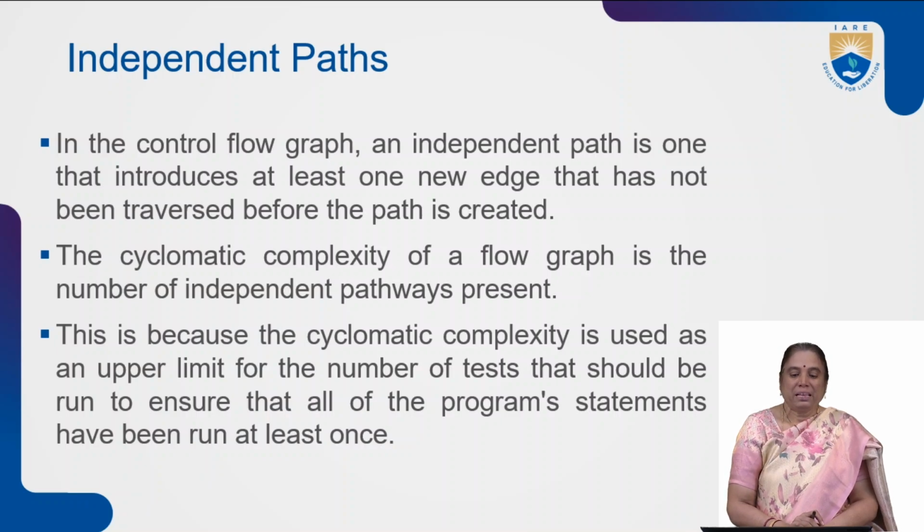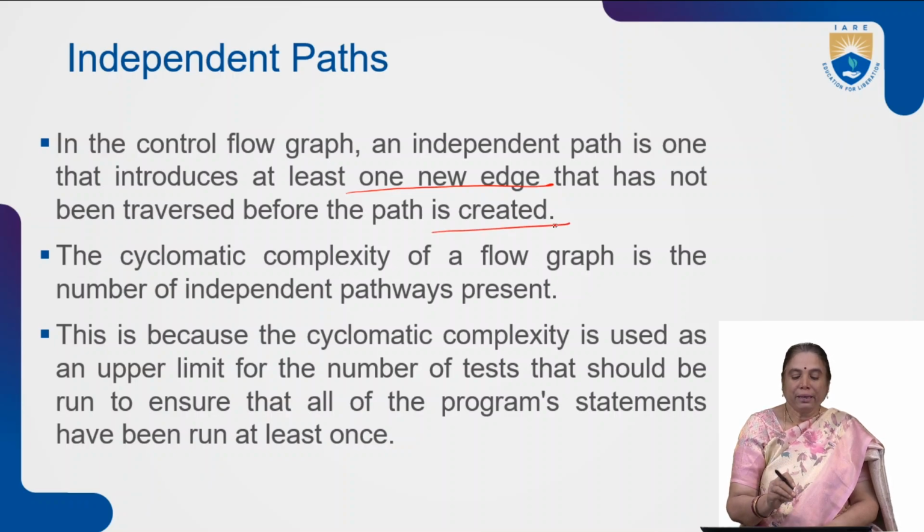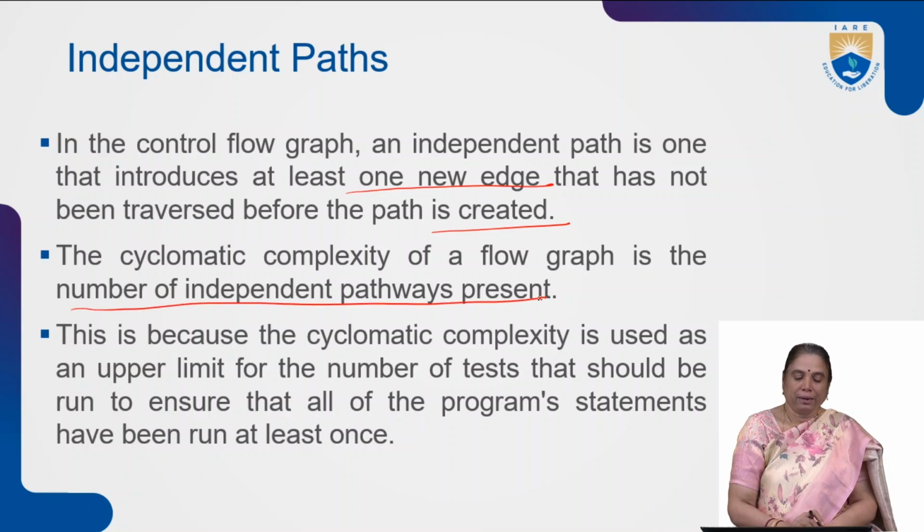Independent paths play the major role in basis path testing. In the control flow graph, an independent path is one that introduces at least one new edge that has not been traversed before the path is created. So the cyclomatic complexity of a flow graph is the number of independent paths present.